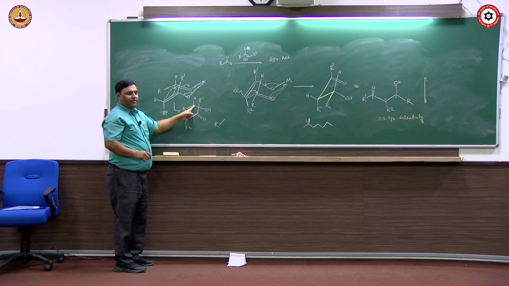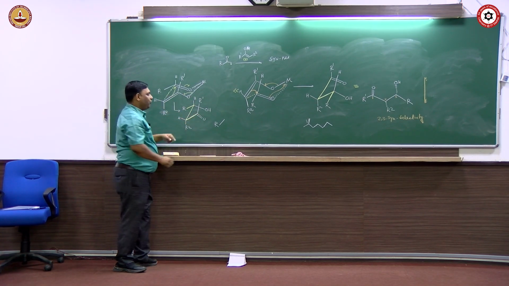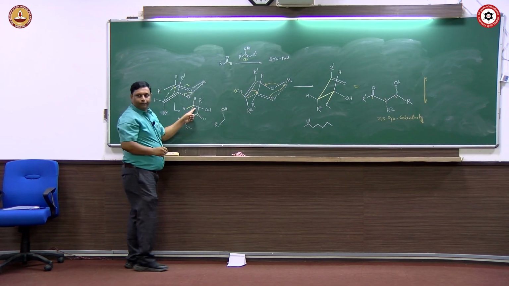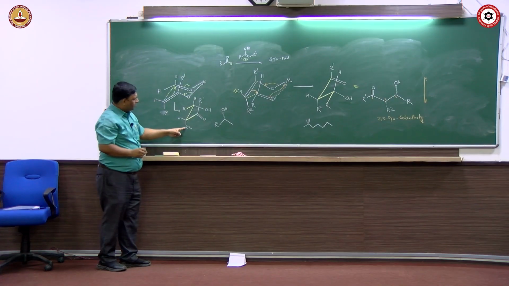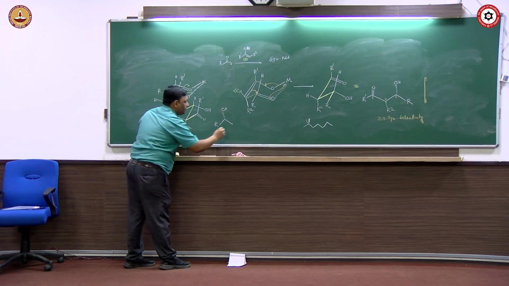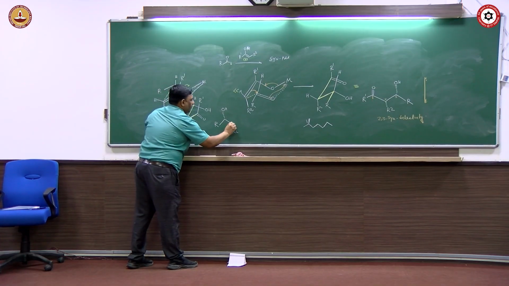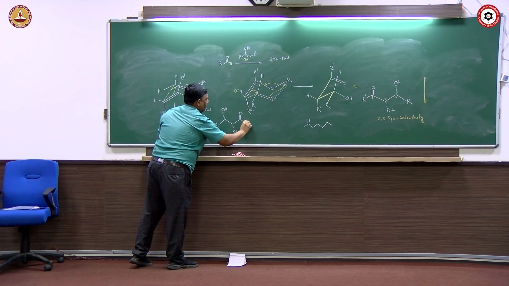When I go up, I have two substituents, H is axial and OH is on the downside. Now I come down, I come to here, here I see R2 is also downside. I go up, the carbonyl and then R1.